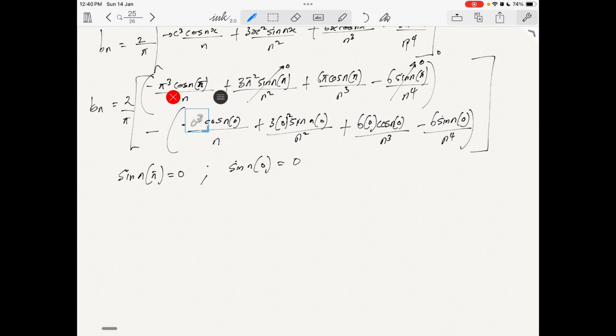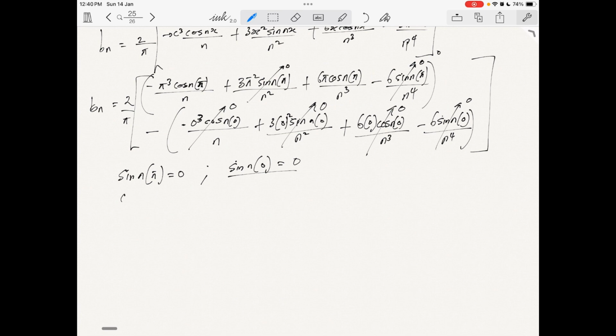This is multiplied by 0, turns to 0. This term is also multiplied by 0, turns to 0. Same thing here, and this contains sine n of 0, which is 0.